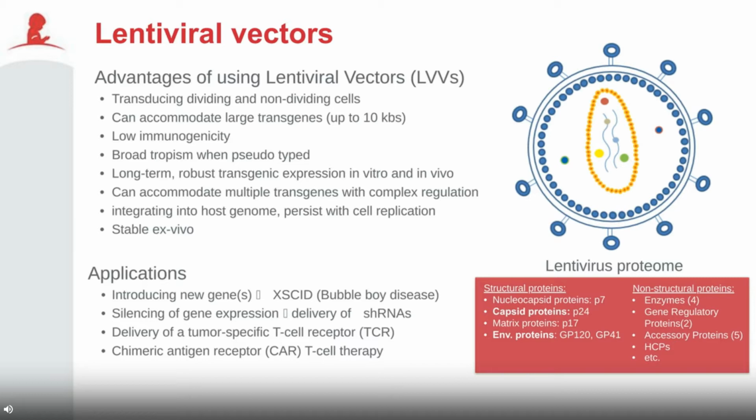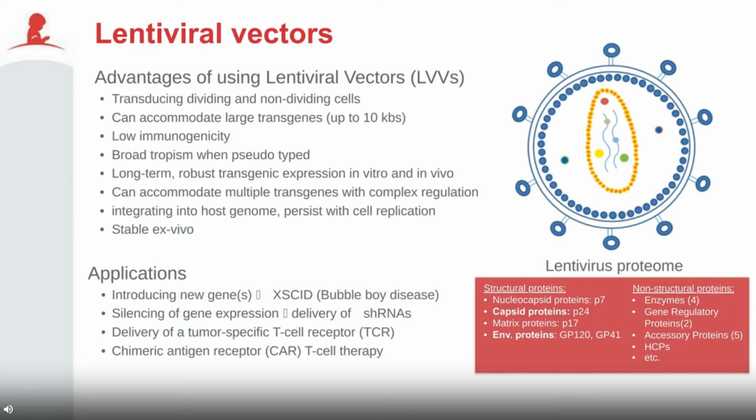Some of the advantages of using these viruses include your ability to transduce not only non-dividing cells but dividing cells as well. You can accommodate large transgenes all the way up to 10 kilobases, unlike the AAV viruses, where you're limited to genes that are less than 2 kilobases.